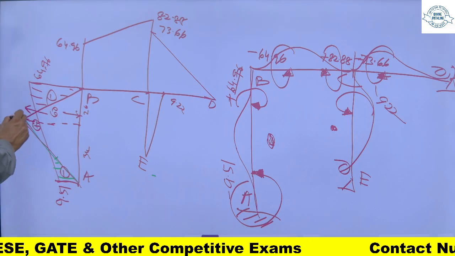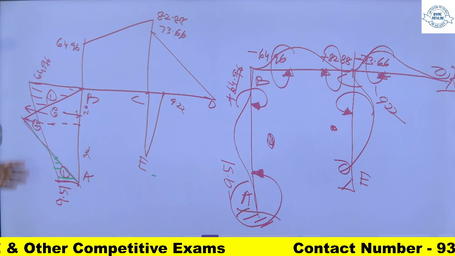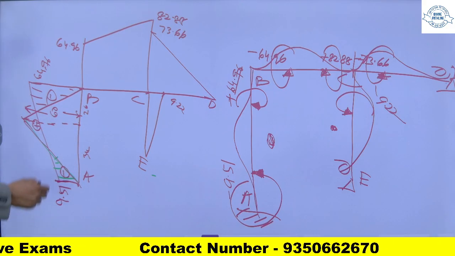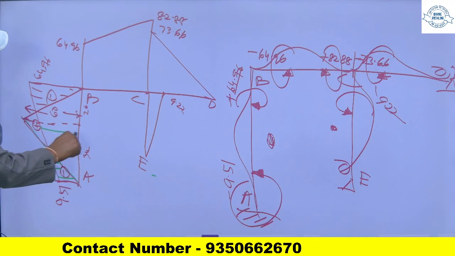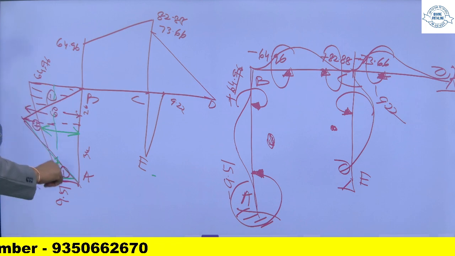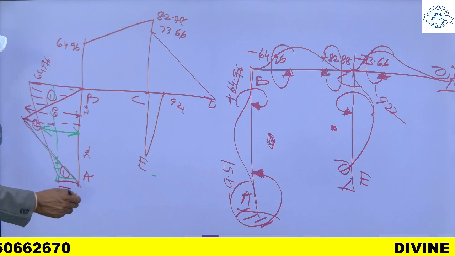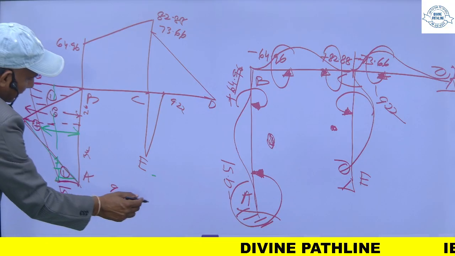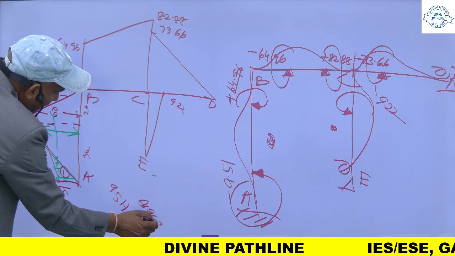and this value you can find by the interpolation. This total is 60. By the interpolation you can find this one. This you can find from the interpolations, and this will be 9.51 plus difference of this 64.96 minus 9.51.